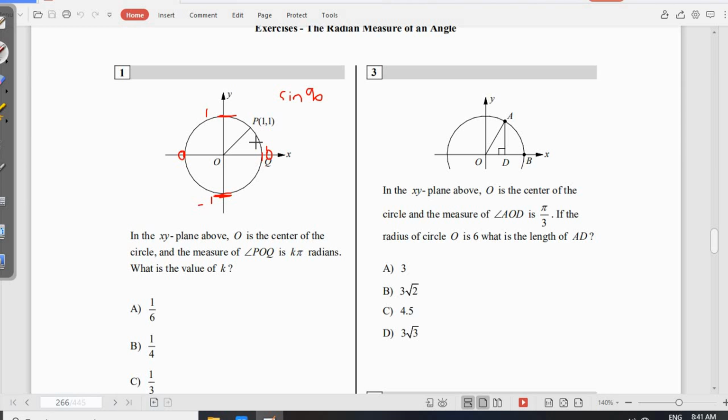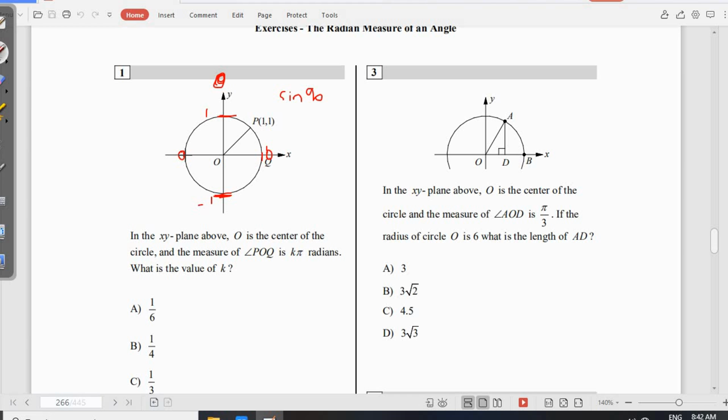But for the cosine, you see cos 90 is equal to 0 actually. And then when you get to cos 0, you actually get 1. So you see that the cosine starts here at 0 degrees.